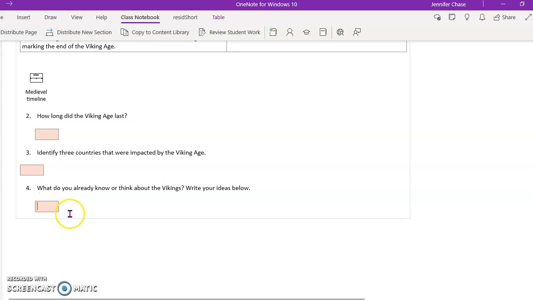If you already know loads about the Vikings, maybe limit yourself to 5 bullet points. If you're sitting there and you think I know nothing about the Vikings whatsoever, I'm going to challenge you to actually write something because I bet you've got an idea, even if that idea about where they were from, what they were like, even if that's wrong, it's good for me to know what you think.